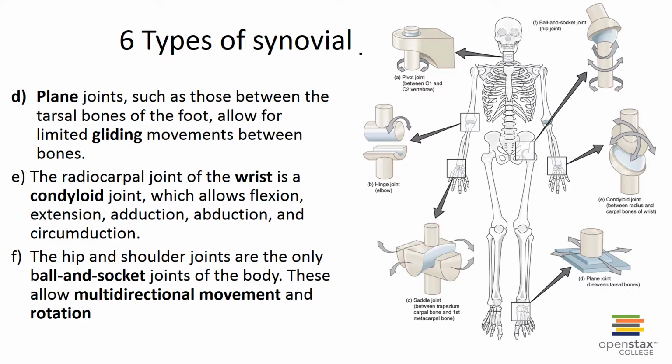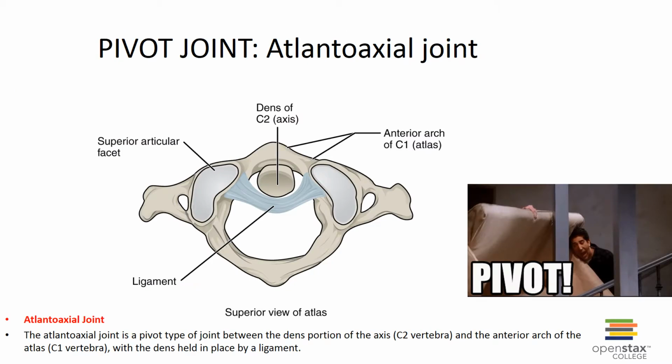And finally, the ball and socket, where you have the spherical end of one bone that articulates with the cup-like socket of another bone. Your shoulder and hip joints are examples of these types of joints. And here you can see an example of a pivot joint that we talked about earlier.